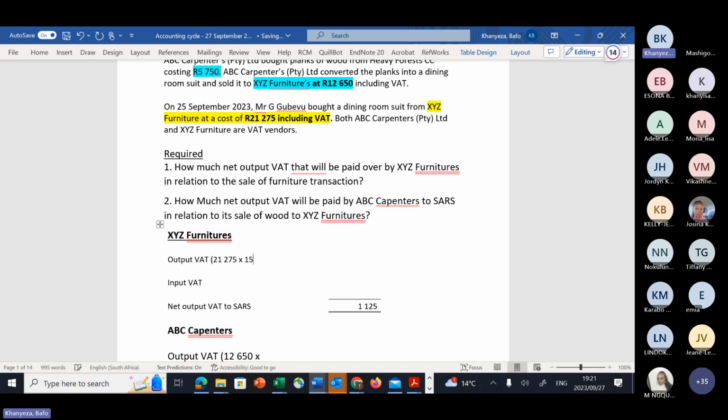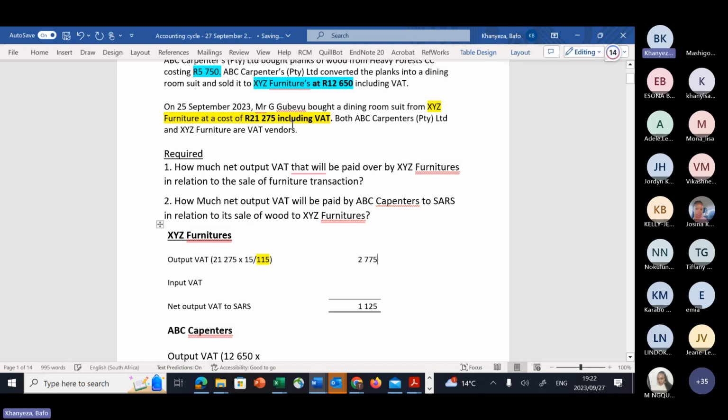Times 15 over 115. This 15 over 115 is because this 21,275 is already inclusive of VAT. Then what do you get there? You get 2,775 output VAT. This is what they will be owing SARS regarding this customer.